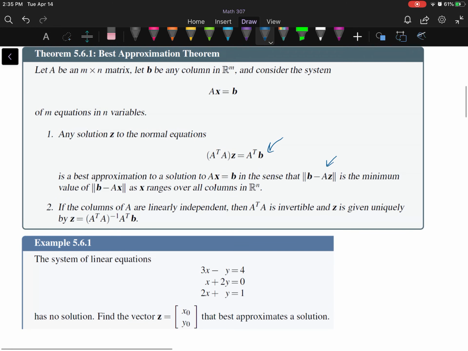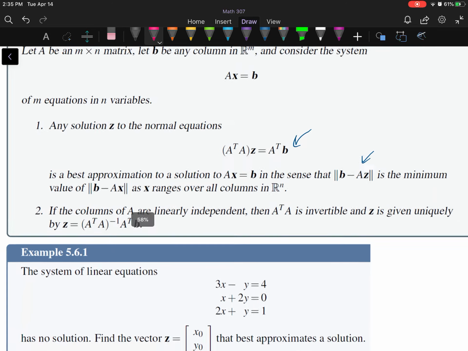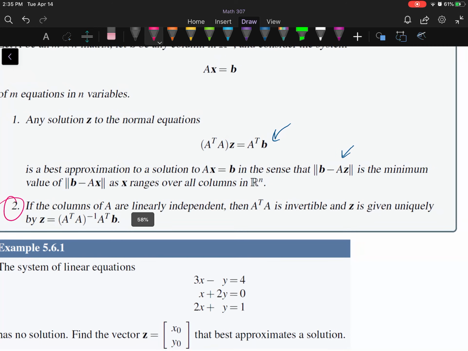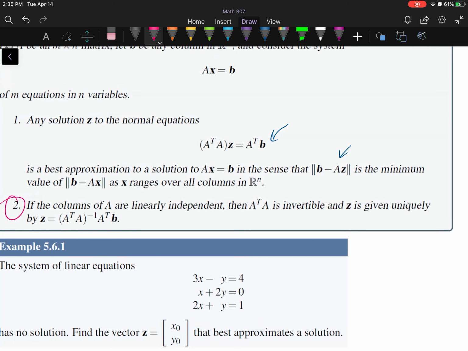This is an optimal solution in some way. Another thing is that if the columns of A are linearly independent, so I'm looking at number 2 here, then A transpose A is invertible, and there's a unique solution for this optimal vector Z. This is what we would call our best approximation.